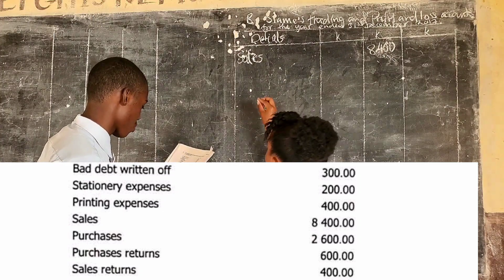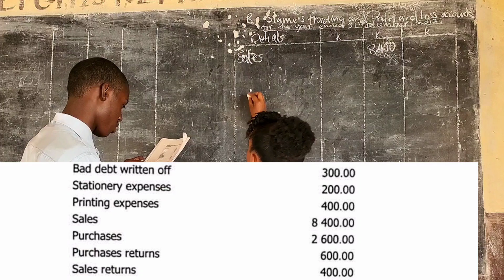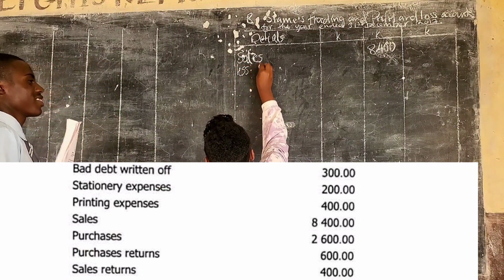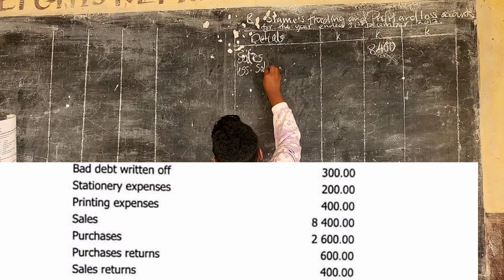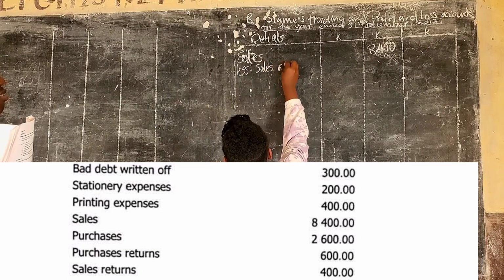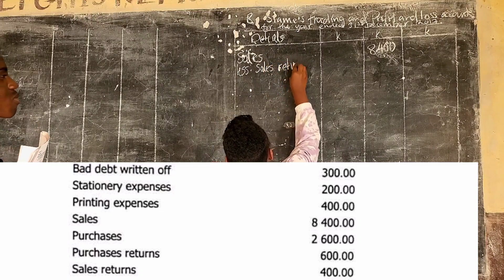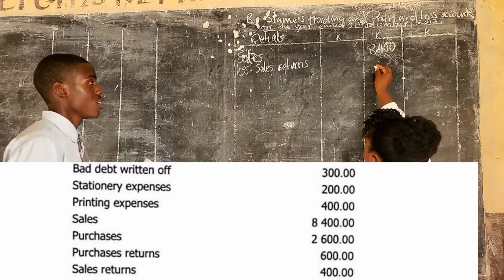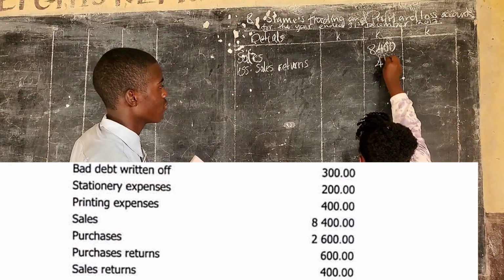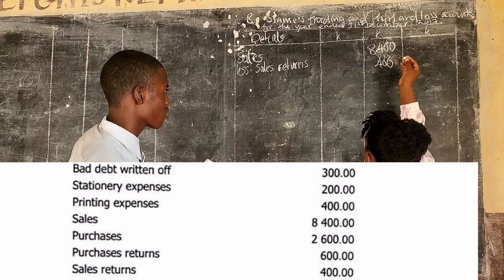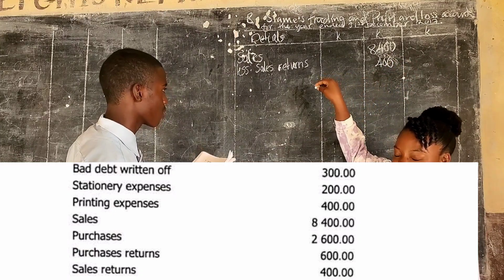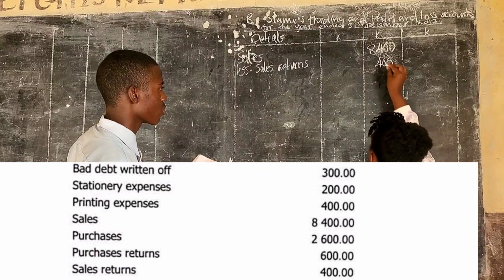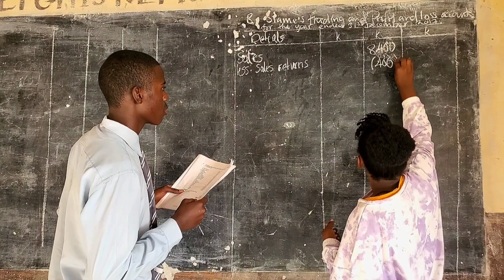How much? 400, less sales returns. When we're subtracting, we show that we're subtracting with brackets.